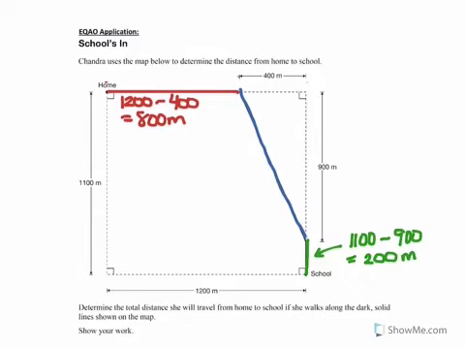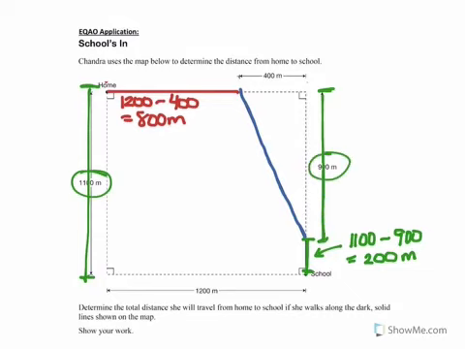All right, let's talk about the green piece now. So the green piece, the total was all of this, 1,100. But I don't need all that. I just need this little piece right there. So what I'm going to do is, you see how all of this is 900 right here?